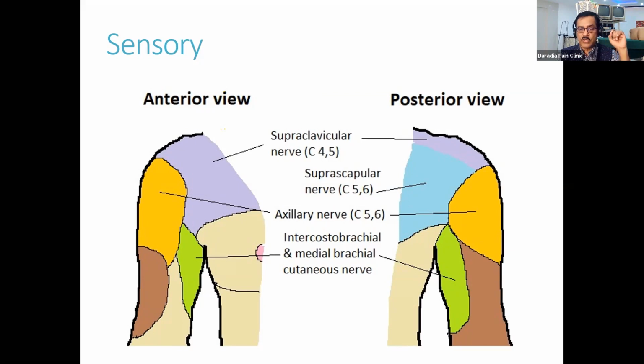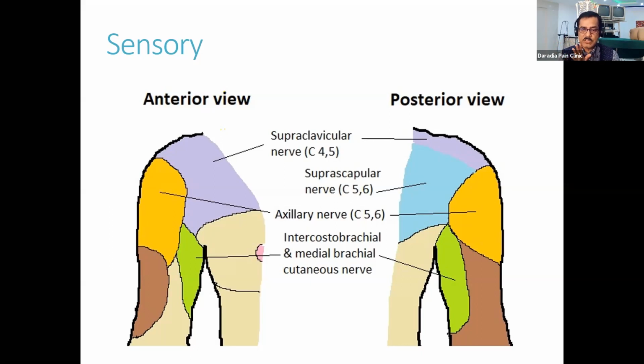So where should we be doing it? Just medial, as already covered in the USG class. The spinoglenoid notch, just lateral to the spinoglenoid fossa, just lateral to the glenoid. So there is a fossa, and the articular branches pass through that, just medial to the glenoid labrum, the glenoid margin.